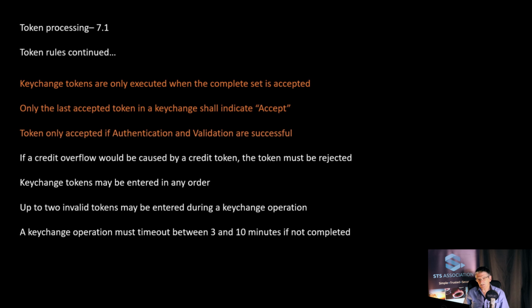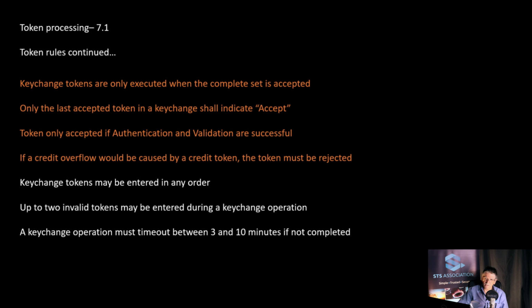The token is only accepted if authentication and validation are successful. It's a sequential thing, so you do authentication first, then validation. If all that is successful and you don't have a function error or any other error, then only is the token accepted. If a credit overflow would be caused by a credit token, the token must be rejected.